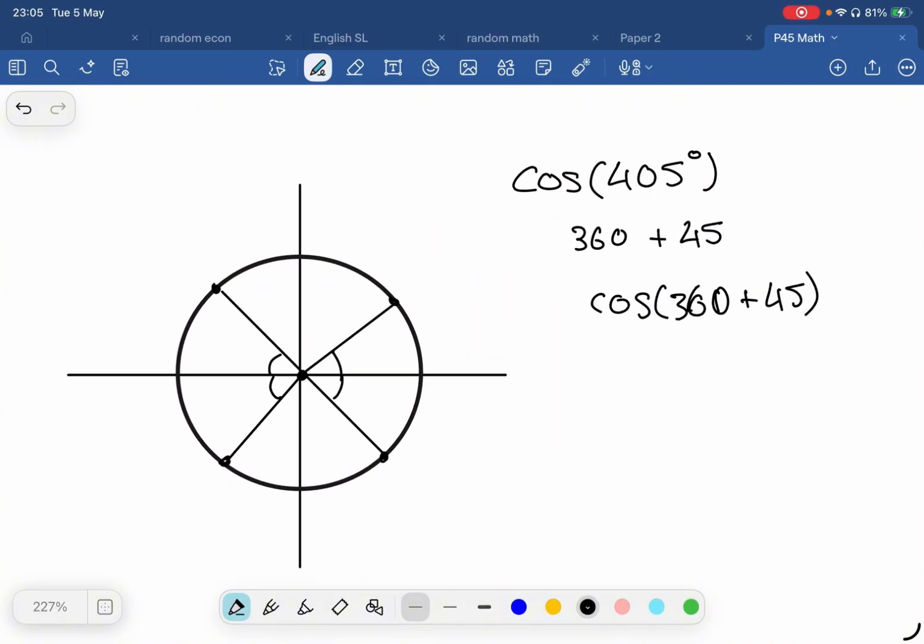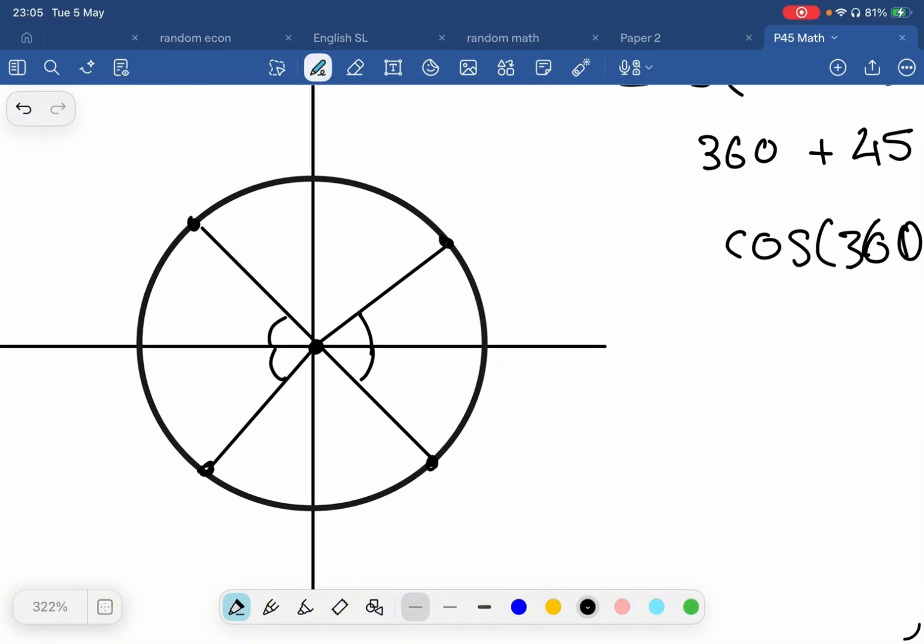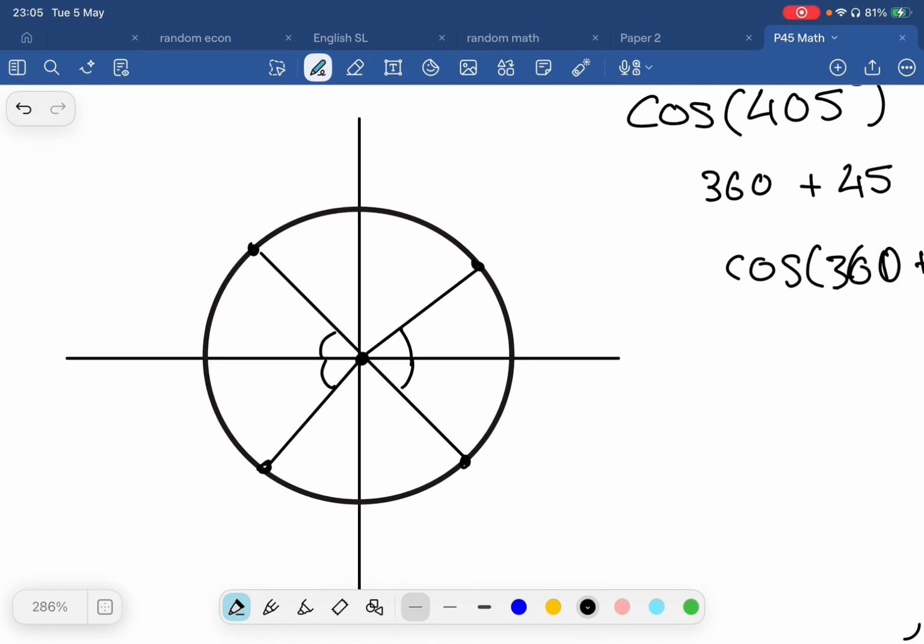And that's because, well, if I take 360, that's just one whole revolution. Okay, so you end up right back at the beginning. And then if you want to get to 405, you just add one more 45 degrees.